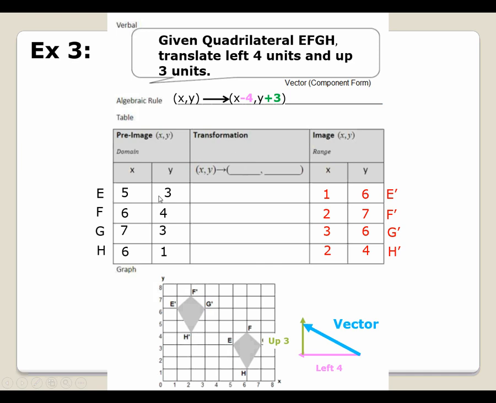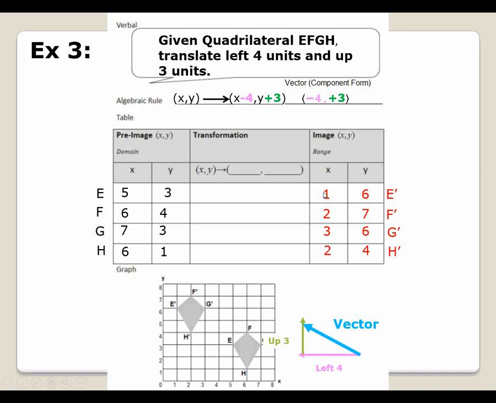So to all my x's, we're going to be subtracting 4, every single one of them, and to all my y's, we're going to be adding 3. And remember, for the vector form, you just take what you're adding and subtracting to the x and y and put it in the little pointy brackets, which look like a greater than, less than symbol. So that's my vector form, which tells me since the x spot is negative, it's going to head left 4, and since the y spot is positive, it's going to head up 3.